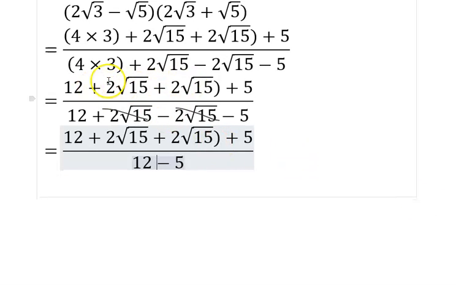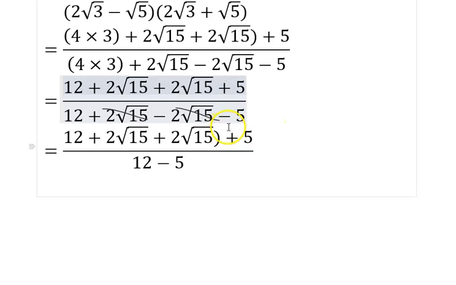Now, at the numerator here, what can we do? This is 2 root 15 and this is 2 root 15. Our usual rule: once we have the same roots, we can add what we have by the side. So let's just add them and rearrange. This is plus 5, this is plus 12. Let's rearrange what we have here. This plus 5, let's just bring it here.